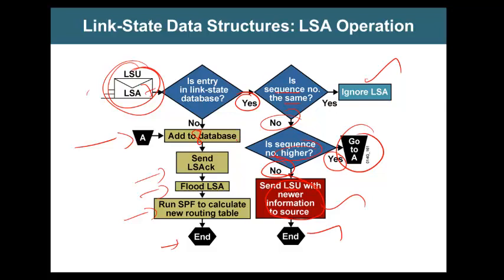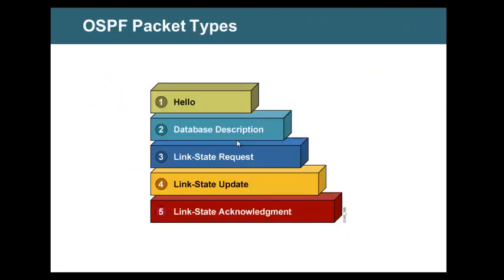So hello packets are not always multicast. That is what I want to say. If it wants to use multicast address, it will use it only when the neighbor is unknown. When the neighbor is unknown, it will use multicast address. What is the multicast address?